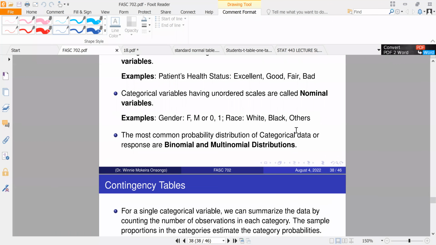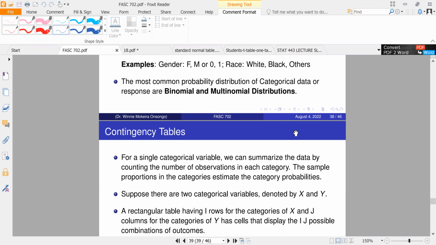What about their gender? Someone will tick either male or female. Now, if we only have one variable of interest, then it will be easy to analyze that data, because all we need to do is count the number of males and count the number of females. From there, you know the categories that individuals lie in.